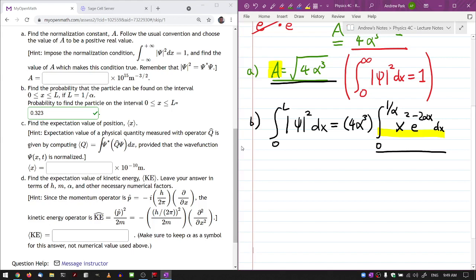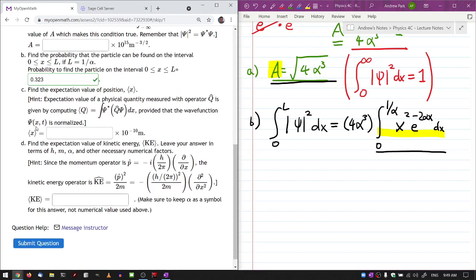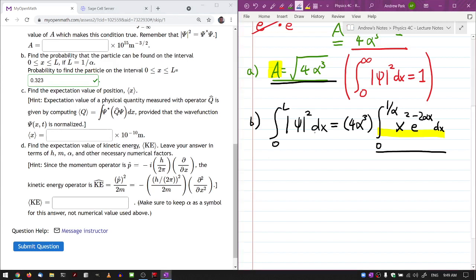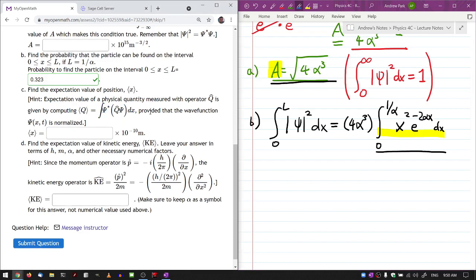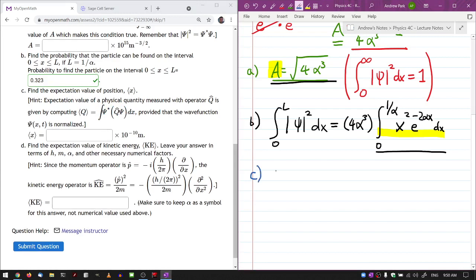part C. So it asks to find the expectation value of position. In lecture we covered expectation value quite a bit, so I'm just gonna rely on that and write down this expression for expectation value and work my way through. The expression for expectation value is over all space, so it's technically from negative infinity to infinity, but I'll simplify it.